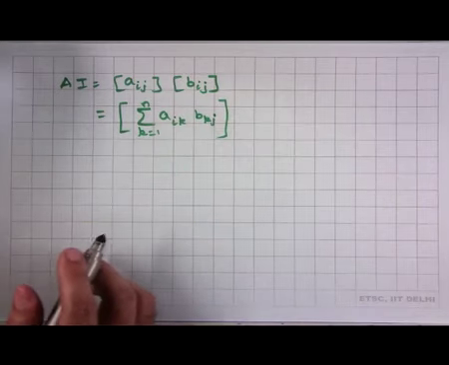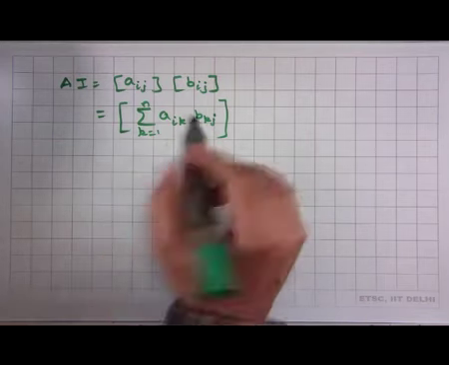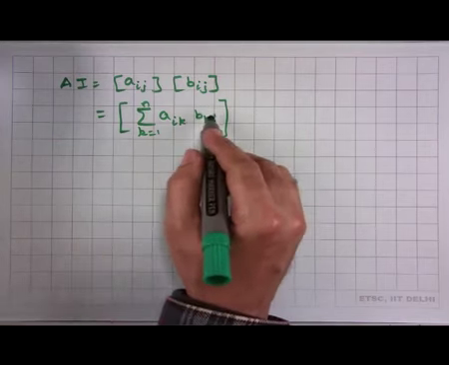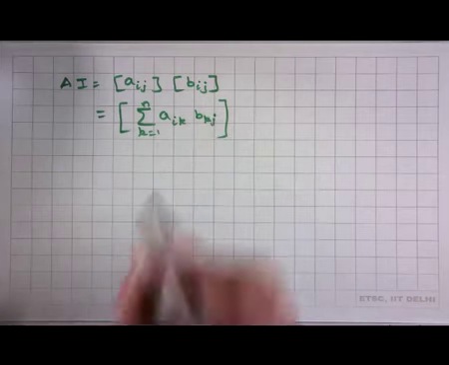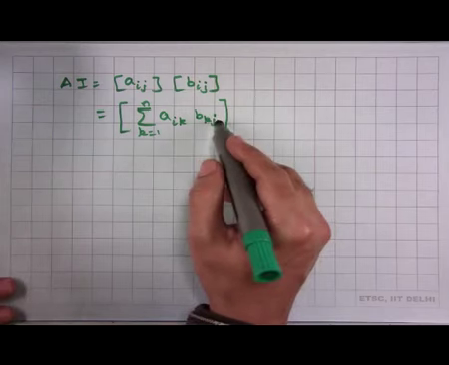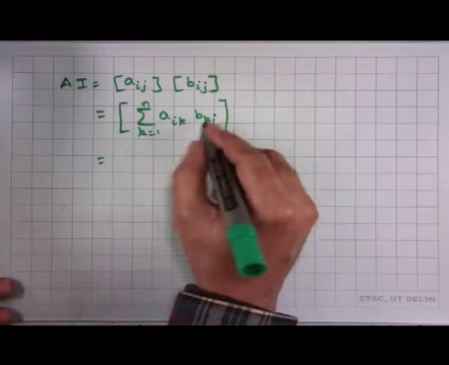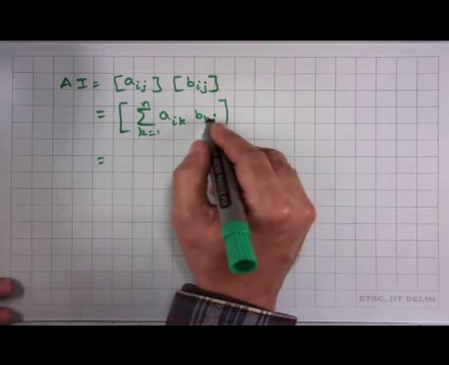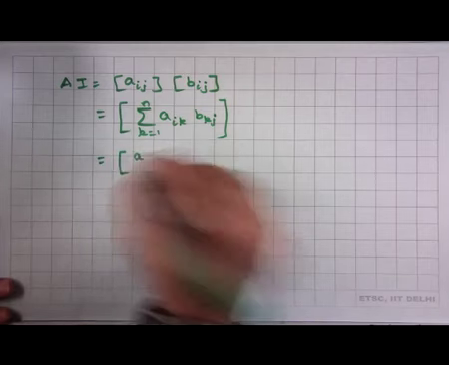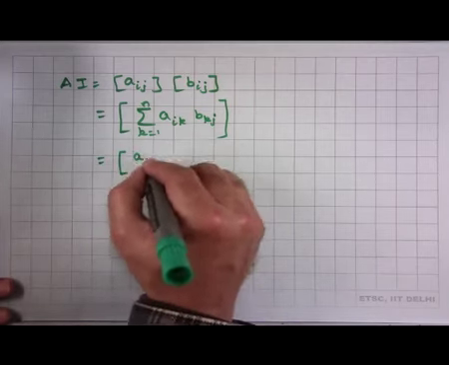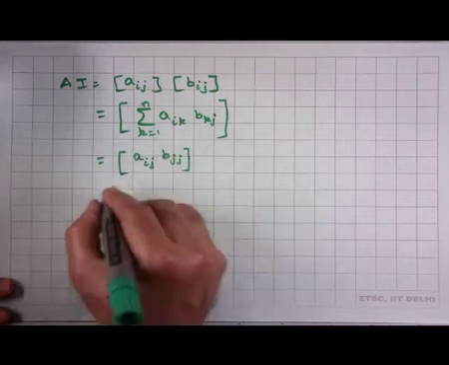Now, Bkj's are the entries of the identity matrix and therefore, this is 1 only if k and j are one and the same. Unless k is equal to j, this is going to be 0. So, the only term that survives is Aij Bjj, while all other terms become 0, and Bjj is 1.